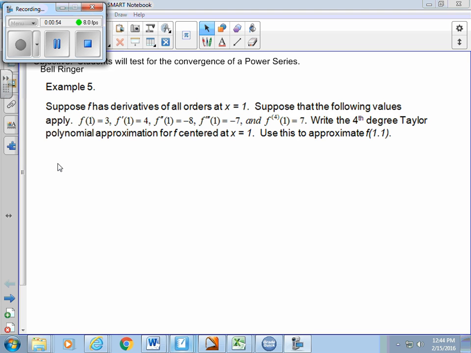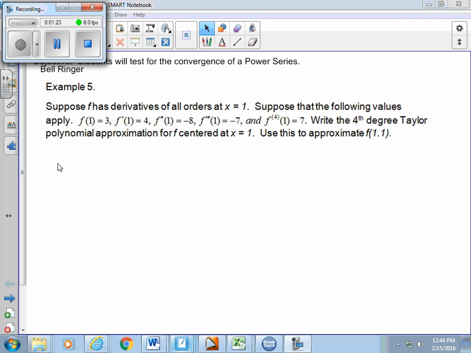Suppose that the following values apply: f of 1 is 3, f prime of 1 is 4, f double prime of 1 is negative 8, f triple prime is negative 7, and the fourth derivative at 1 is 7. Write the fourth degree Taylor polynomial approximation centered at 1. Which formula are we using to write this?